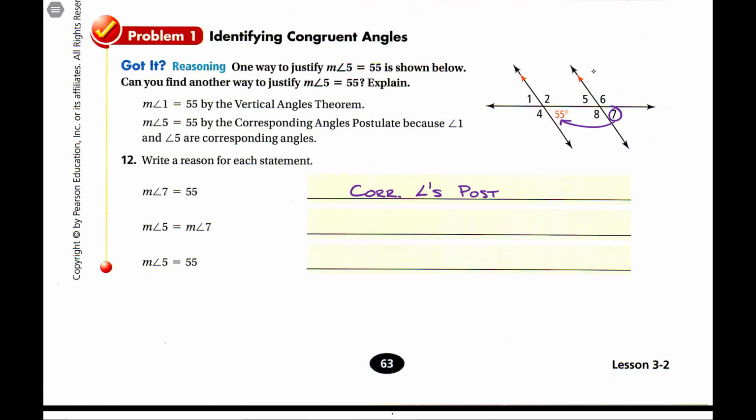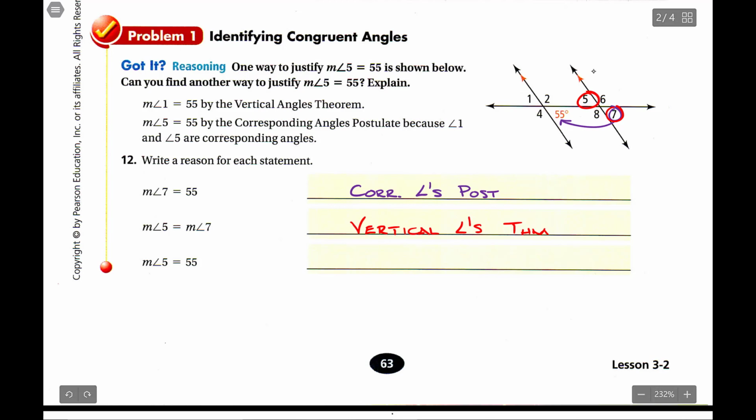For the measure of angle 5 being equal to the measure of angle 7, so here is angle 5 and angle 7, that is the vertical angles. We talked about that previously. That's the vertical angles theorem.